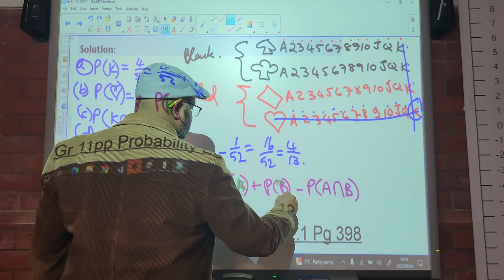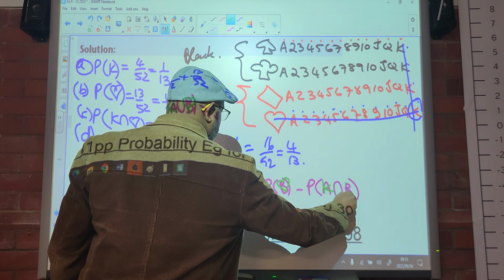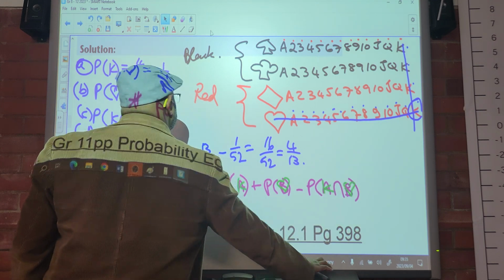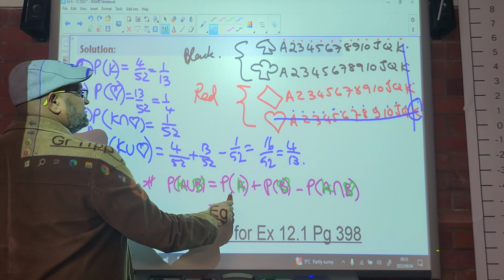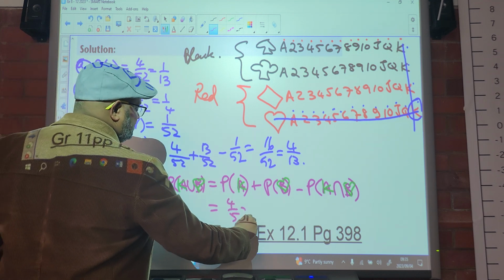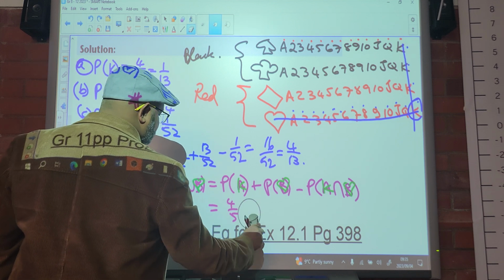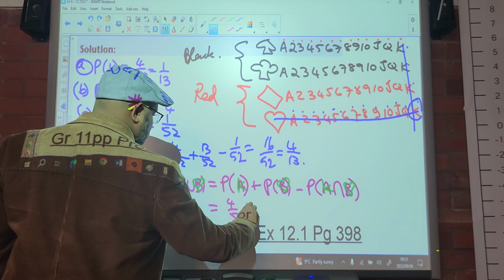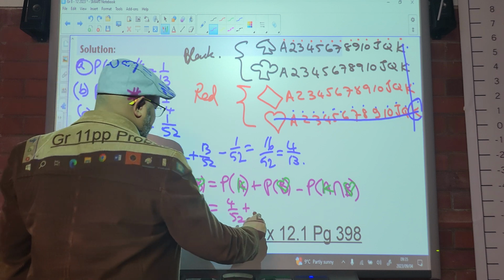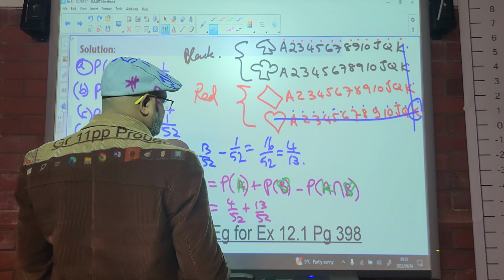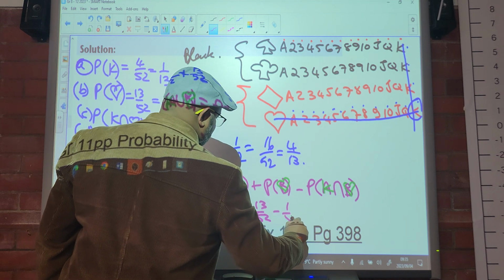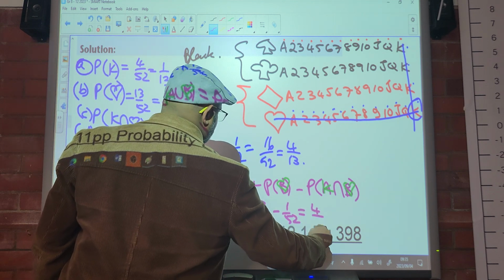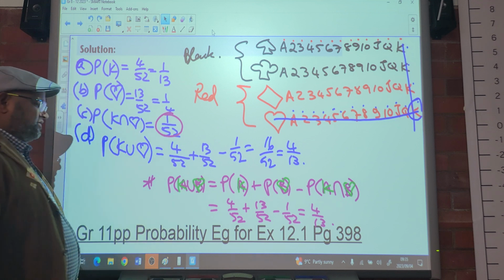Which in turn gives us the probability of kings, 4 out of 52, the probability of hearts, 13 out of 52, minus the intersection of the two, which we calculated was 1 out of 52. It gives me an answer, 4 over 13.